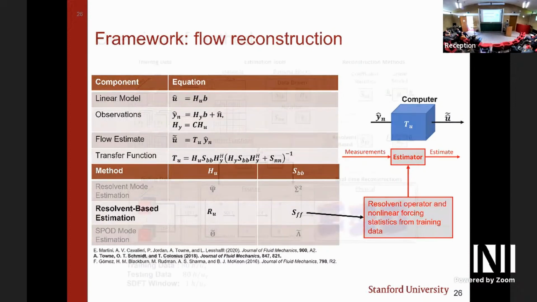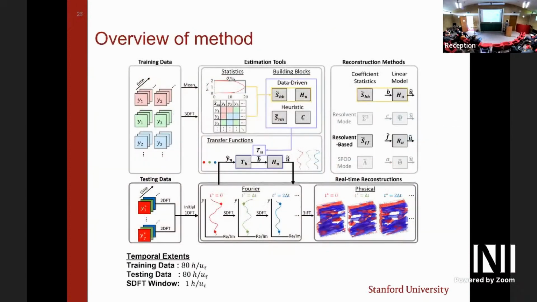It's a complicated walk through what we do, but we take a training set. So we split our particular data set in half, training and testing, and we formulate the statistics. In training, we work out our coefficients, and then as we move into the testing time, we're using a sliding DFT, a sliding window, so that we can find our coefficients.